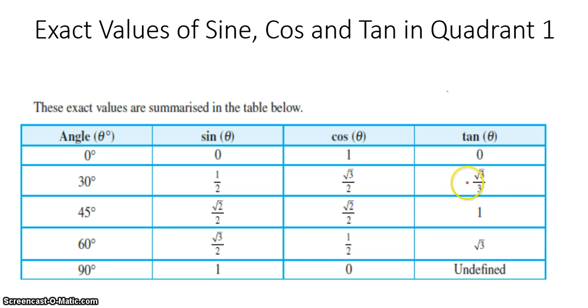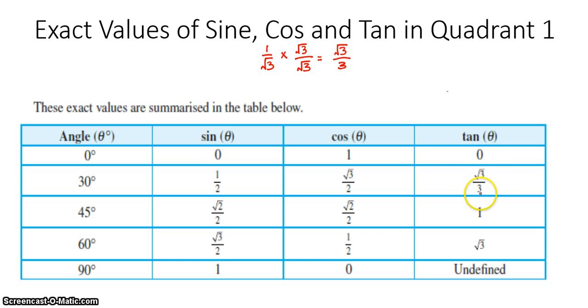You'll remember earlier when we found tan of 30 degrees, we found that our answer was 1 on root 3. I can rationalise this value by multiplying it by root 3 over root 3. And if I do this, the answer that I get is root 3 over 3. So this value here is the same value as 1 on root 3.